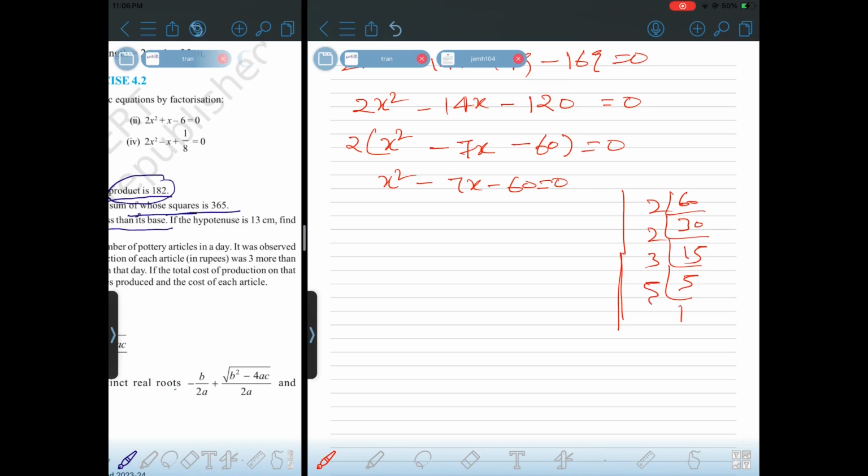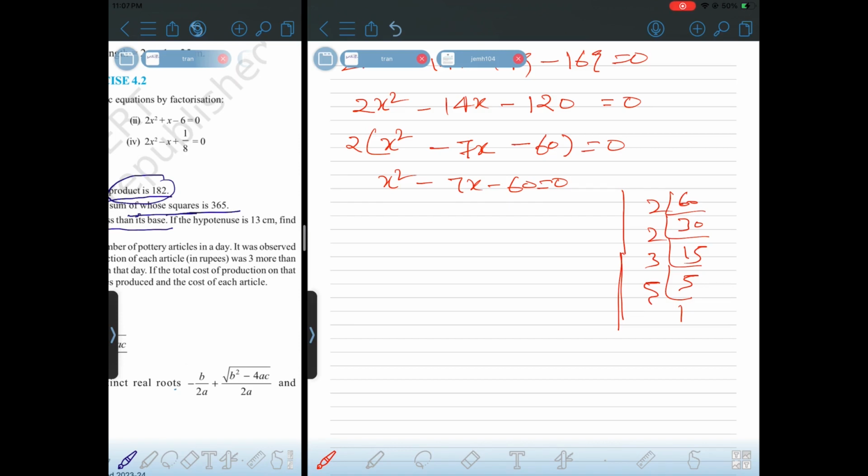So we have to find something that gives us minus 7x. You can also pause the video and think by yourself. Always try to think as much as you can by yourself, because if you think for yourself how to find the factors, that's going to be really helpful for you.